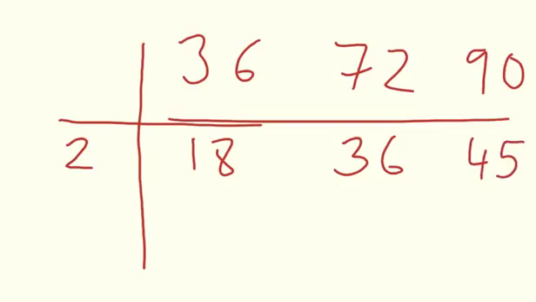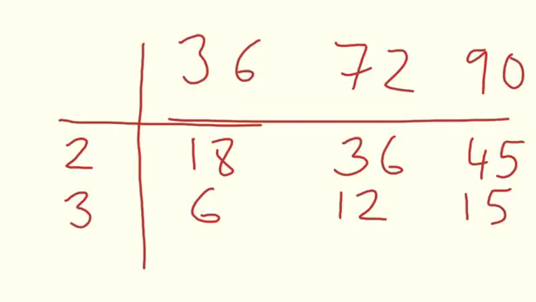Then I'm going to look at these three numbers, and because I know my times table, I can guess that the number 3 will go into 18, 36 and 45. 18 divided by 3 is what? 6. 36 divided by 3 is 12. And 45 divided by 3 is 15.